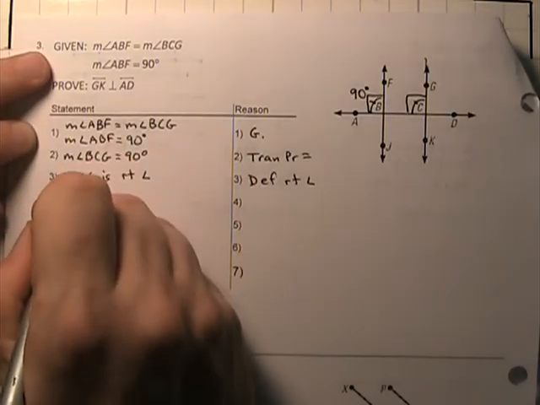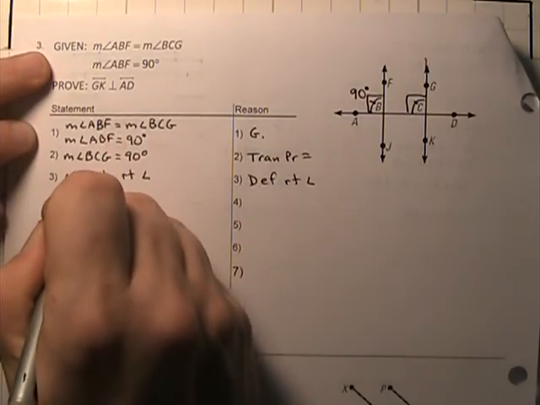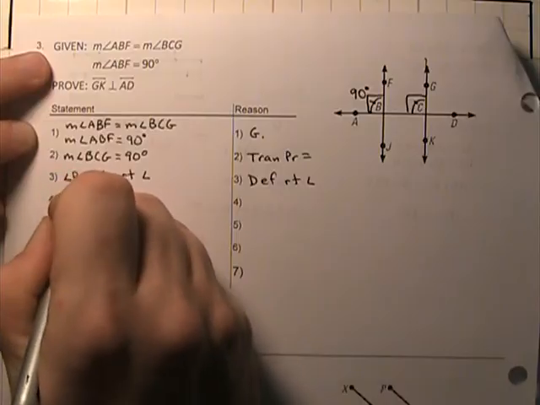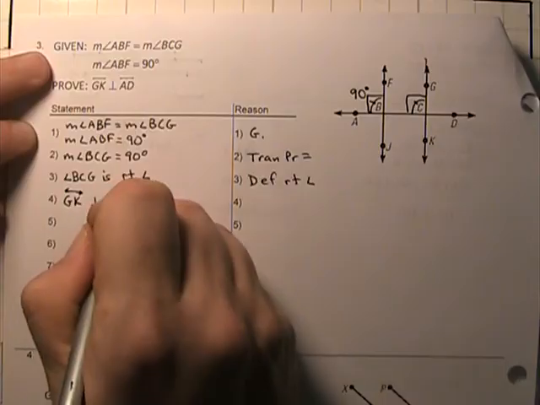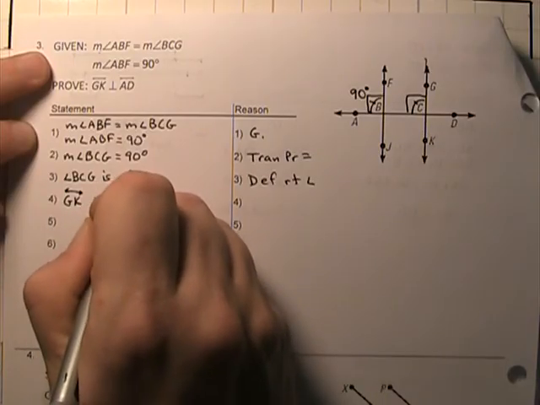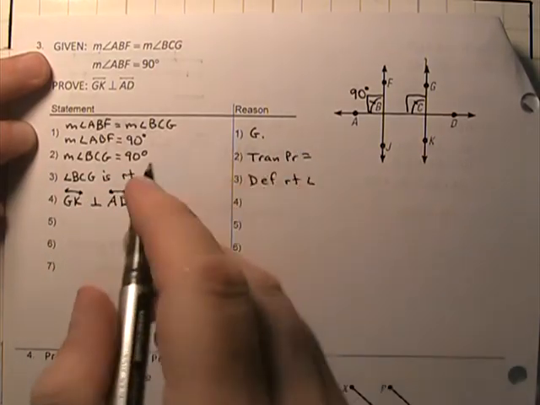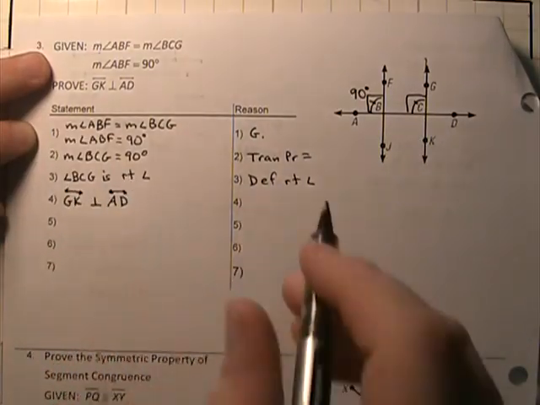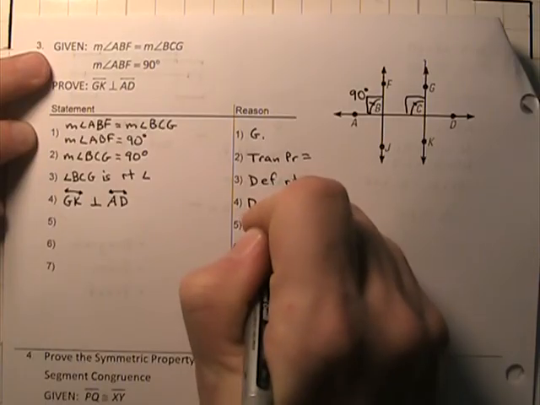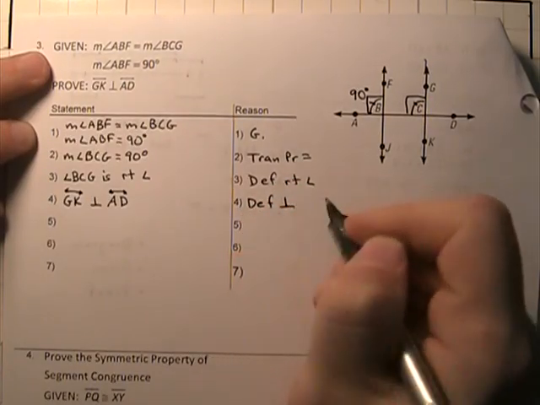So now I can say GK is perpendicular to line AD. The diagram shows the intersection. I've proven that they come together at a right angle, and that's just the definition of perpendicular.